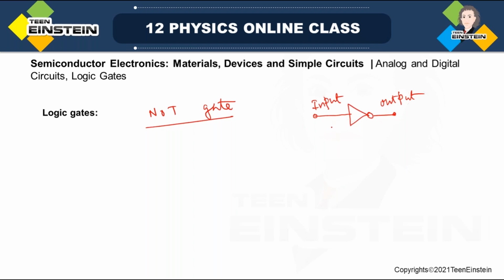Now look, how do you write a truth table?